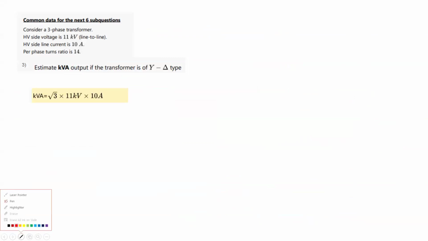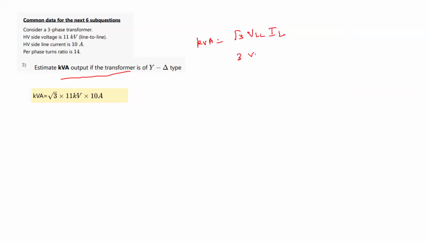Now in this next question, we have to calculate the kVA output. We know the kVA for a three-phase system is root 3 into V line to line into I line, or 3 into V phase into I phase, either of the two. Here we are given line to line voltage and line current, so we can directly find the kVA rating.